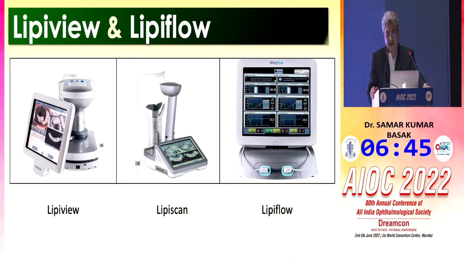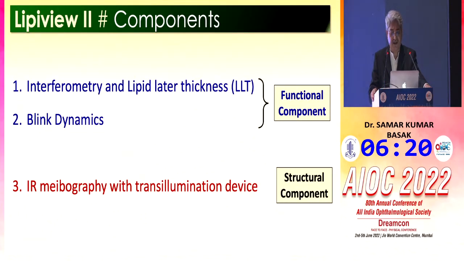Coming to LipiView and LipiFlow: LipiView, LipiScan. LipiScan was the earlier version, LipiView 2 is now the current version, and LipiFlow is the treatment section. LipiView and LipiFlow were initially from TearScience, now Johnson & Johnson; I have no financial interest.